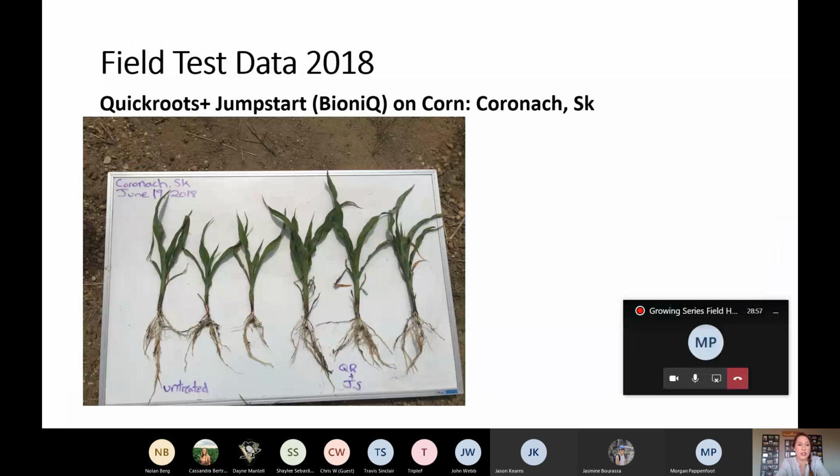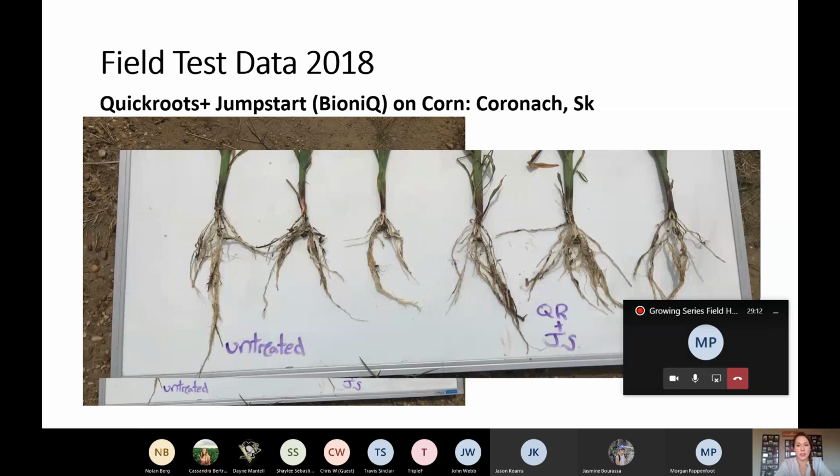And then this is Quick Roots and Jumpstart, which is what Bionic is now, but this was before they came out with Bionic. And there was even more benefits from adding the two of them together. And this is on corn as well. So just a close-up of the roots there.